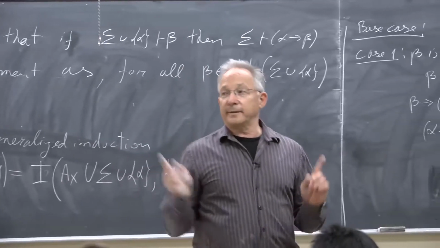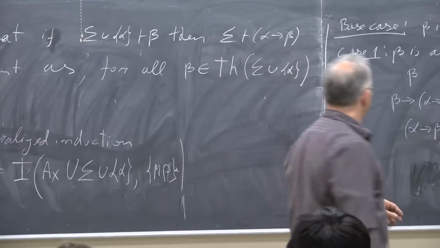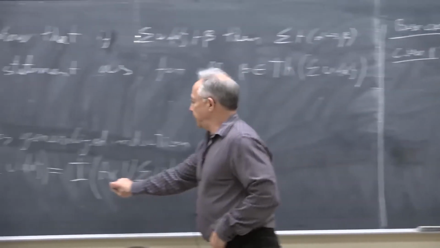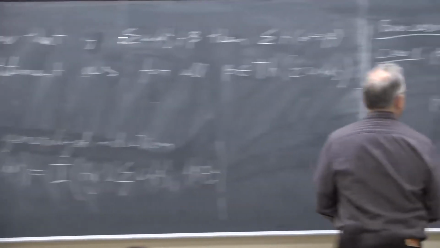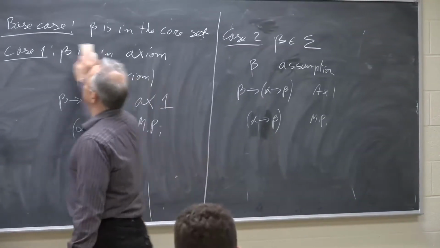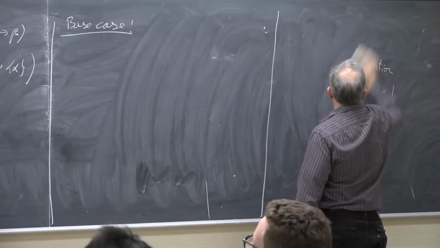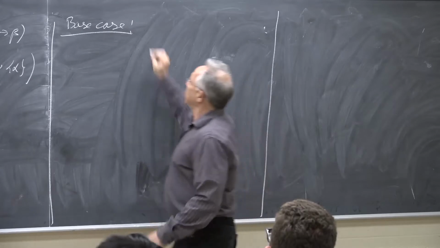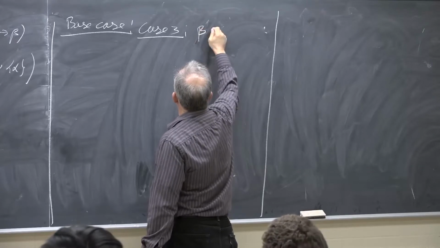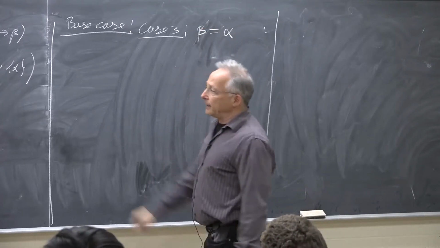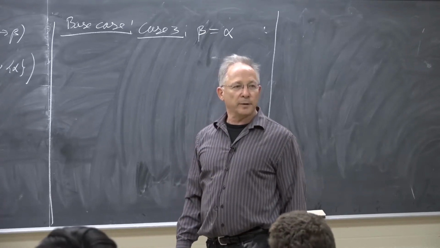So what am I left with? Still in the base case, what are we still missing? Beta is alpha. So now we covered the case that it came from here, and the case that it came from here. But beta could come from here. So the last case is case 3, beta equals alpha. And I need to show that sigma proves alpha arrows beta. So how do I know that?